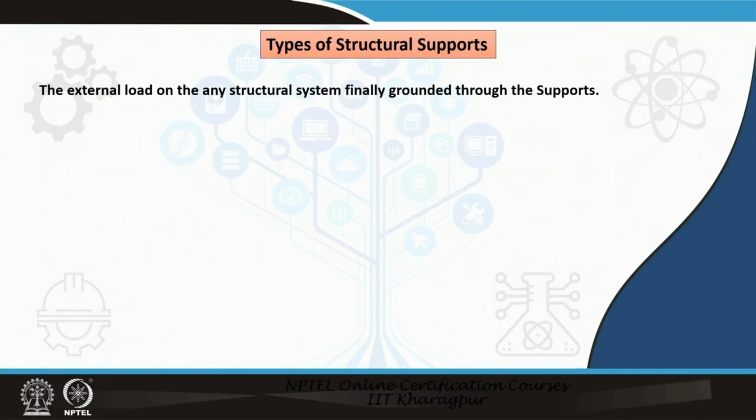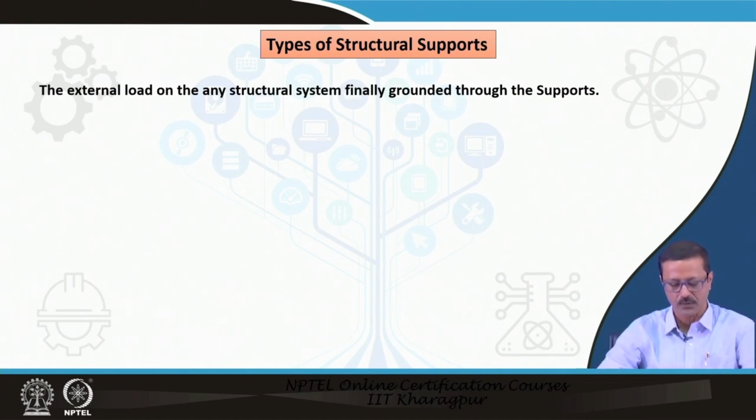So, type of structural support. Supports are the external system associated with a structural member to ground the loading which is applied as external loading. Particularly, suppose I am now sitting in a chair.